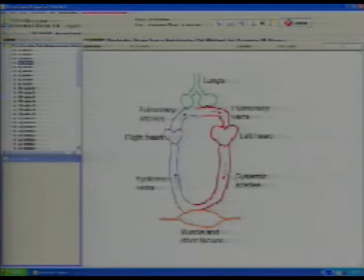This is a diagrammatic representation of the body circulation from the lungs to the tissues. The common perception is that the primary goal of fluid therapy is to maintain the intravascular compartment so that there's adequate circulation.